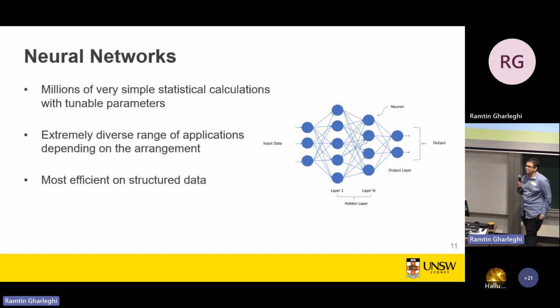Usually people say that these are inspired by biological neurons, but at this point it is more or less a very large statistical approximator where you have millions or billions of parameters to tune to get whatever behavior you want out of it.